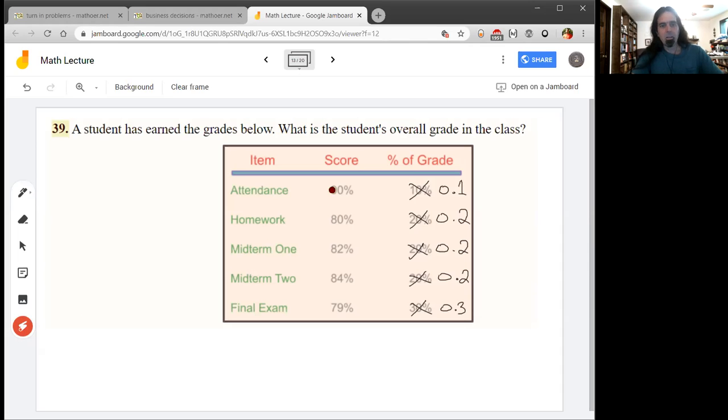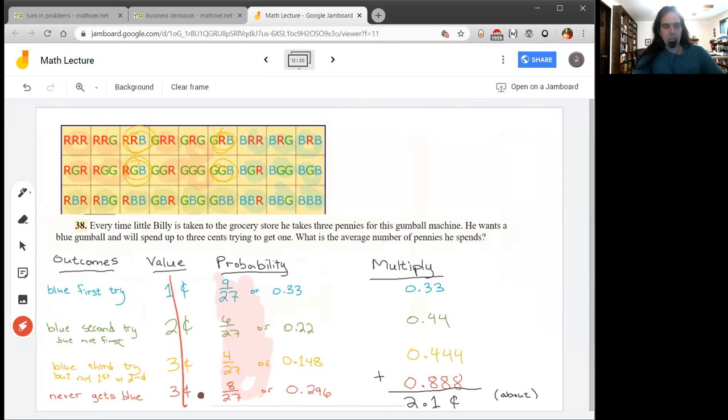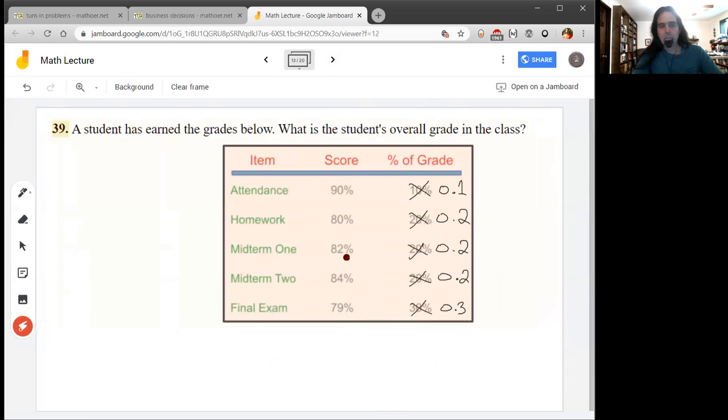The percent in the other symbol is a label. Your overall grade has the label of percent. Just like in Billy's problem, the overall thing was cents, so your answer had cents. So we don't have to do any RIPLOP in this column. This percent, we can just pretend it's a label, and it will stick around, and our answer will have percent.